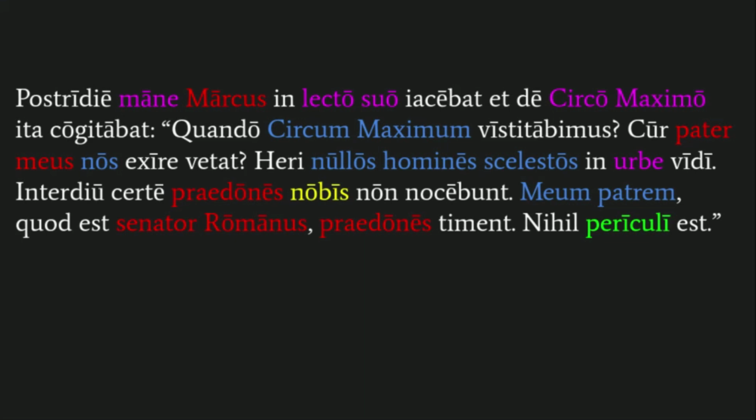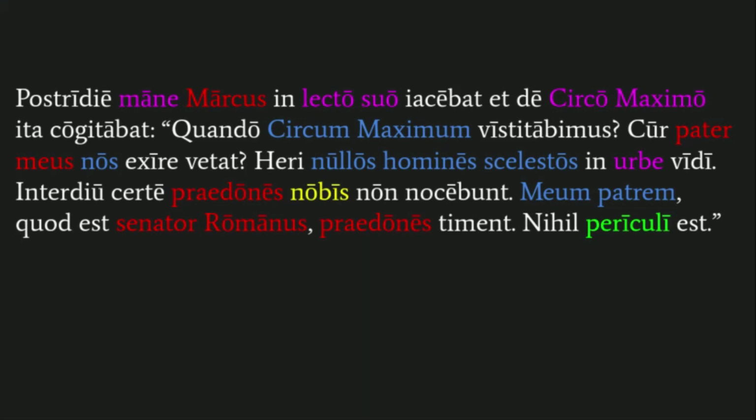Interdiu certe praedones nobis non nocebunt. So he says, certainly, certe, during the day, interdiu, the robbers, the praedones, right? The robbers will not, nocebunt, nocere means to harm. The bu there makes it future tense. So he's saying they will not harm or do harm to us, nobis. Nocere takes the dative here because you're really saying to do harm to someone, right?